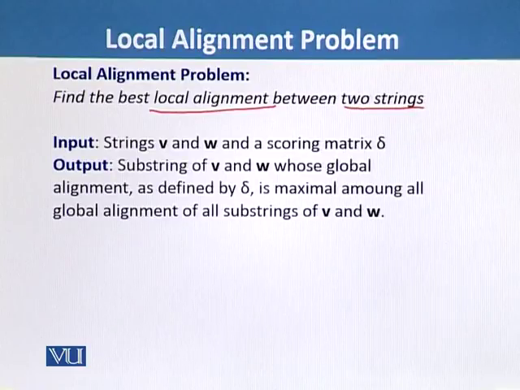In this algorithm, the input will be the strings V and W, and the scoring matrix will be delta. And what will we get as the output?